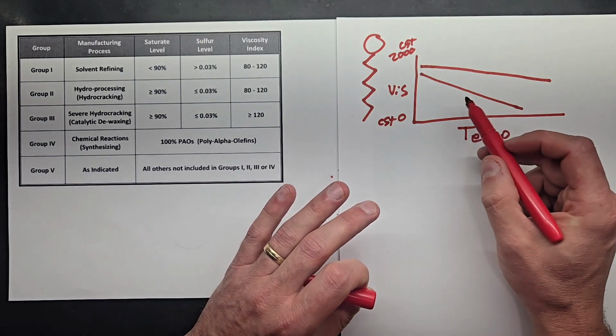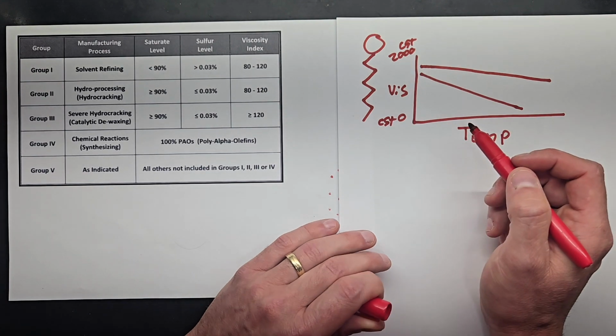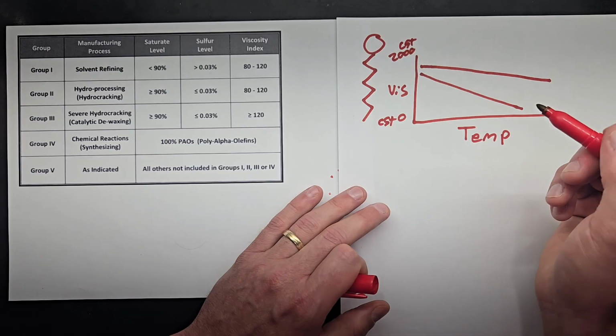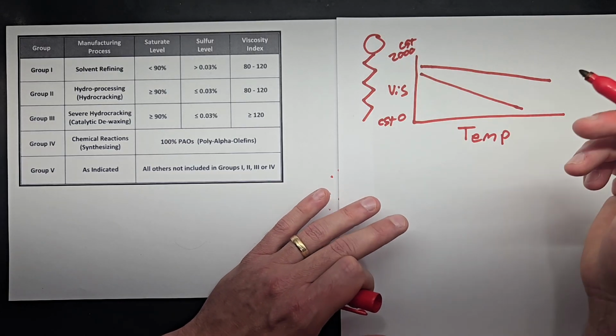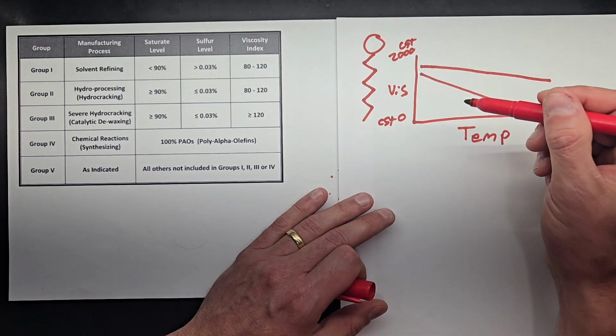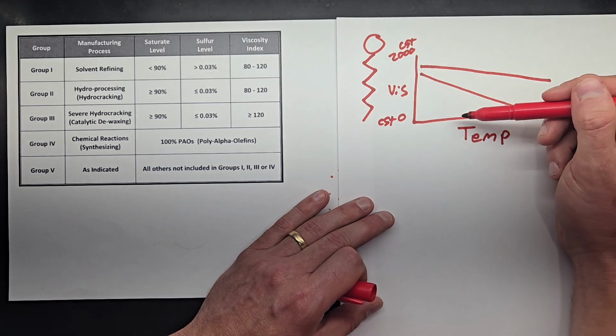This is a cruder definition. There is a deeper definition behind viscosity index. More fundamentally, it's also a reference against two different types of base oils.